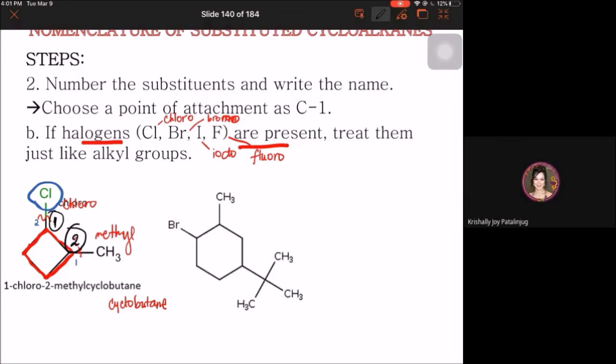The same thing here. You treat the halogens just like alkyl groups, alphabetical still. So bromo comes first. Or is it the butyl? Br or Bu. Bromo comes first, so that would be carbon 1, then 2, 3, and 4.